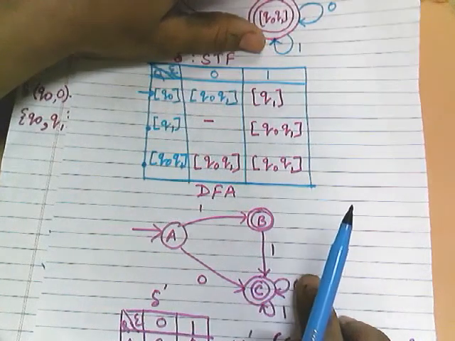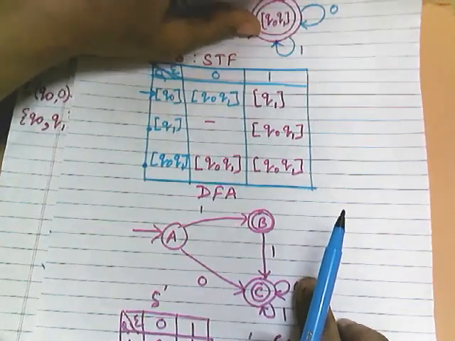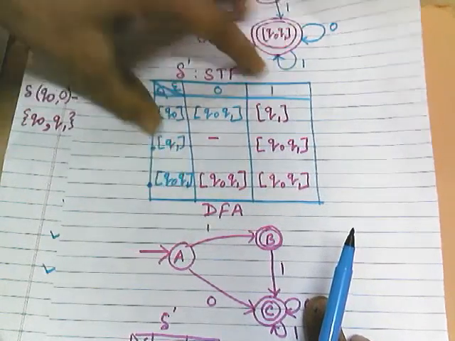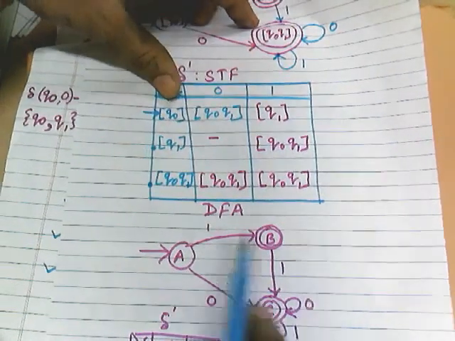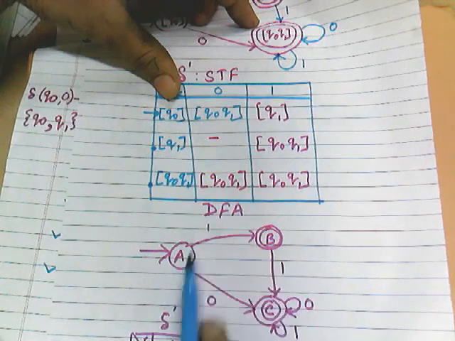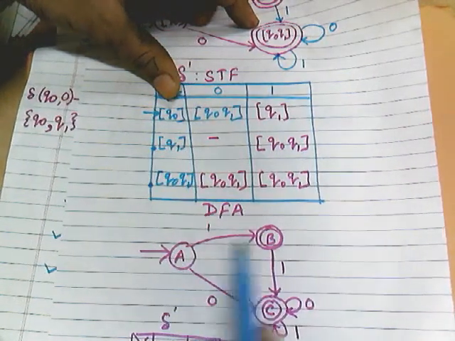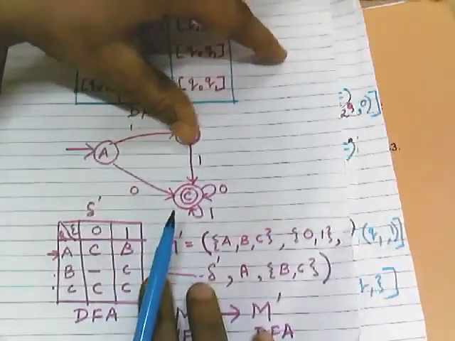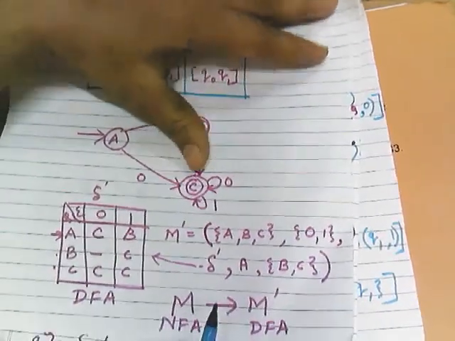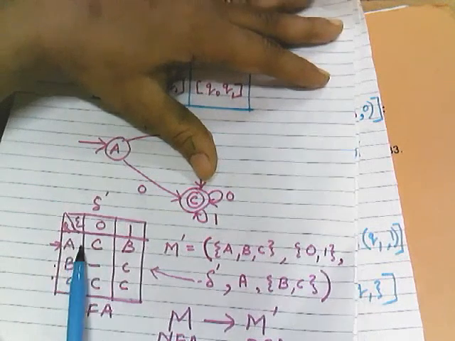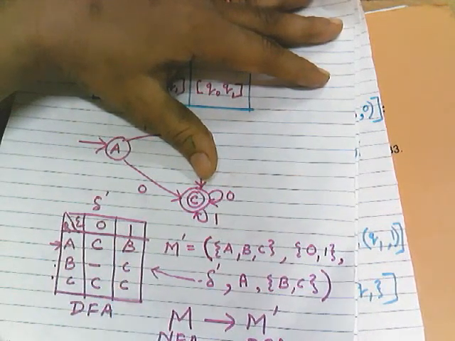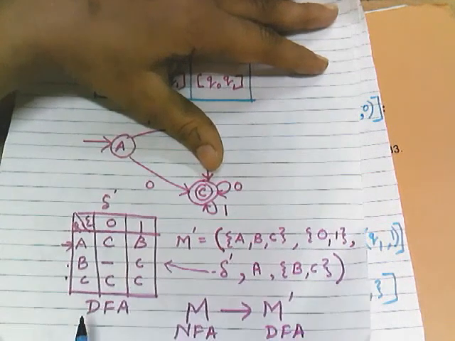Okay. And since the names of the states are showing multiple state names, which is not giving a proper look to the DFA, what we have done is renamed all the states as A, B, C, and then finally represented the DFA as having the 3 states A, B, C, and this will be the transition table for the converted DFA.